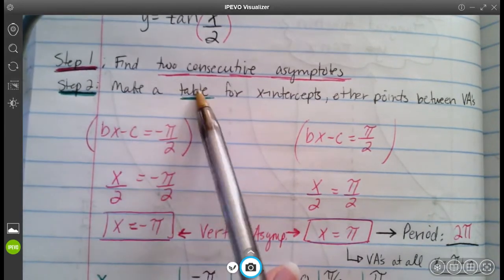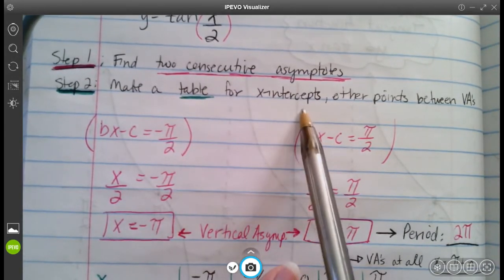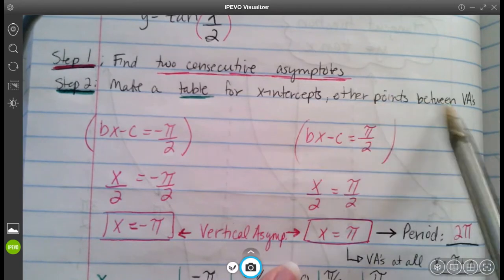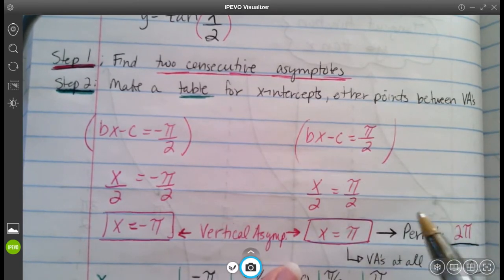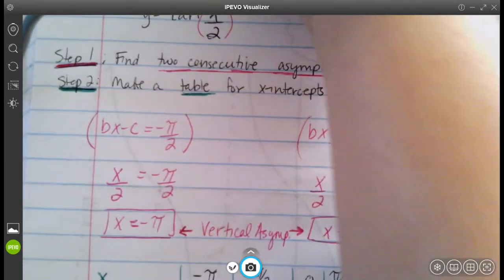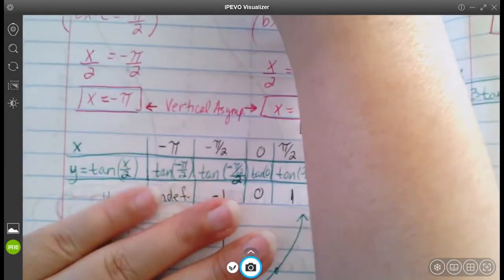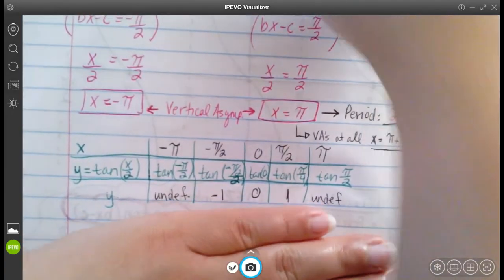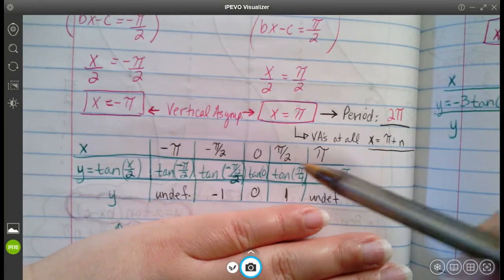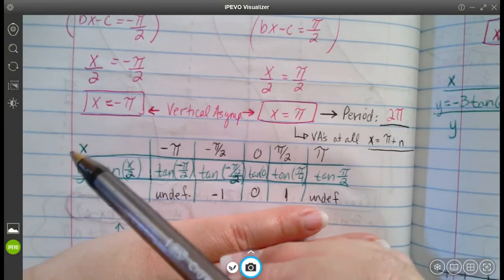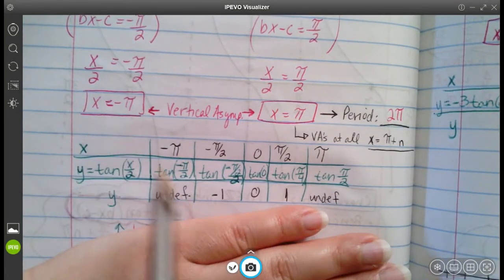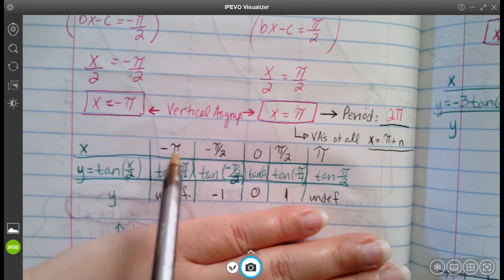Step number 2 is to make a table so we can find some of the x-intercepts and possibly other points in between, just to have a better idea of the sketch. So that is what I did next here. Let me explain this a little bit first, so we can see where all these values came from. Negative pi is my first point.